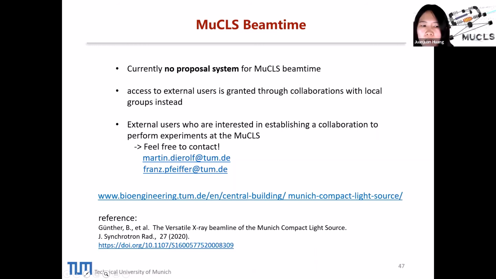You mean for XAS? How is the data statistics for lower concentration samples? Or even for XANES, if you go to lower concentrations, can you count for a month and have that be enough? To be honest, I haven't tried that, but since this is in transmission mode, I guess it is not suitable for samples whose concentration is very low.